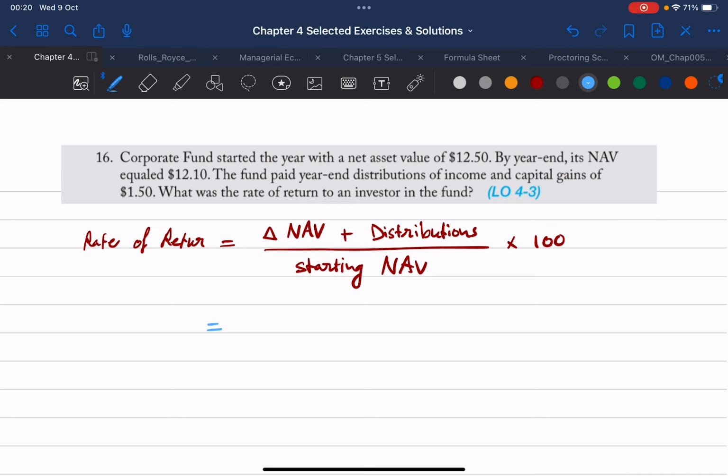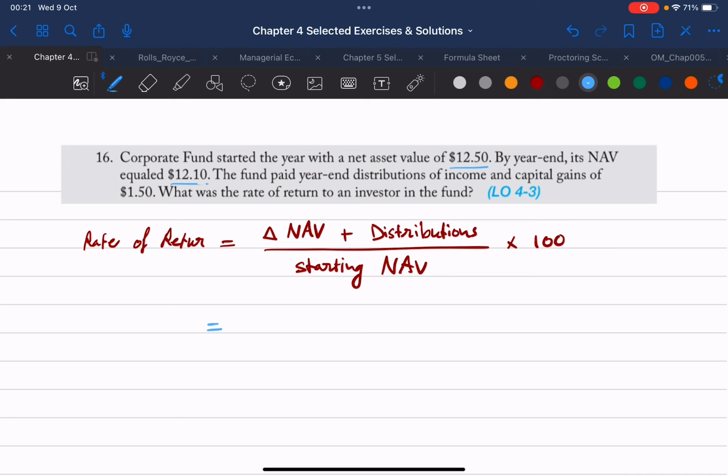Now in this kind of question, you need to be careful as to which number is the starting net asset value, and which one is the ending net asset value, right? Because when you want to calculate the change, you want to start with the ending value and then subtract the beginning value, right?